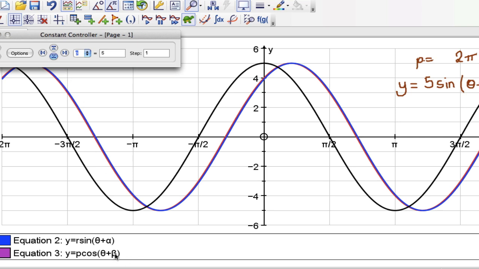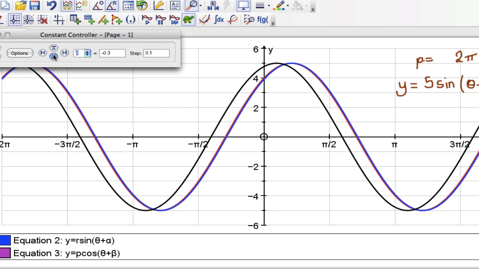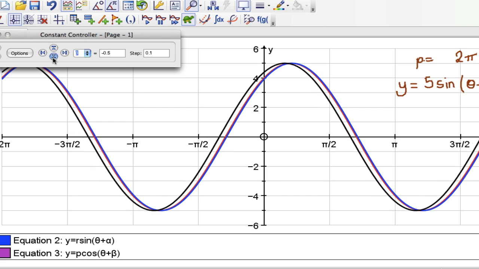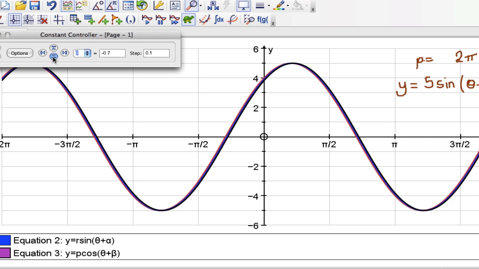Now I need to change the beta. I want to move it that way, so I'm going to have to make beta negative, because if I make beta negative, it shifts the graph in the right direction, the positive theta direction. So beta, I'm going to make to be negative this time. It's currently 0. I'm going to reduce it by 0.1, 0.2, 0.3, 0.4, 0.5, 0.6, 0.7 is close.